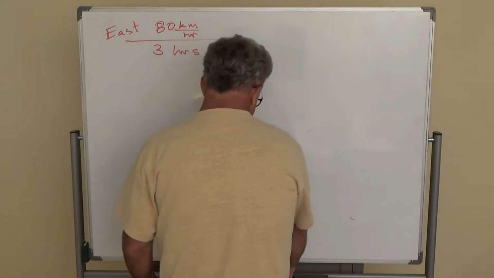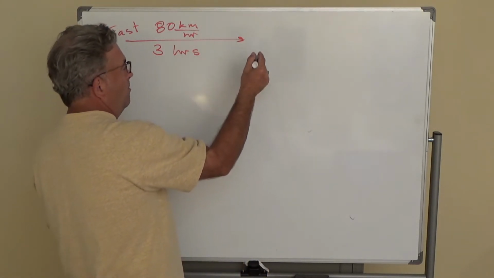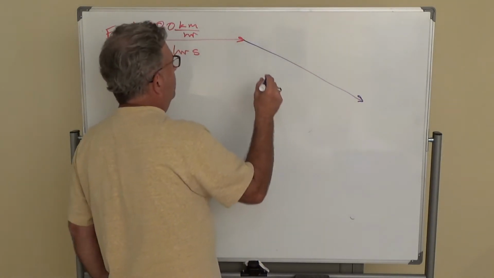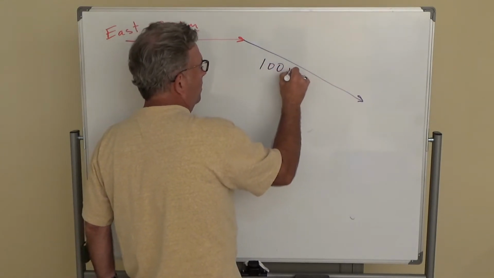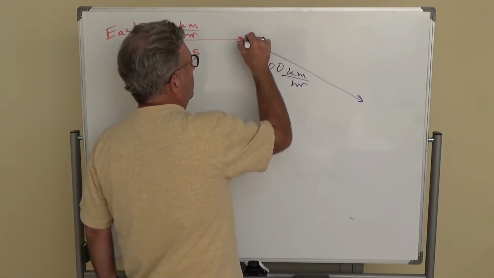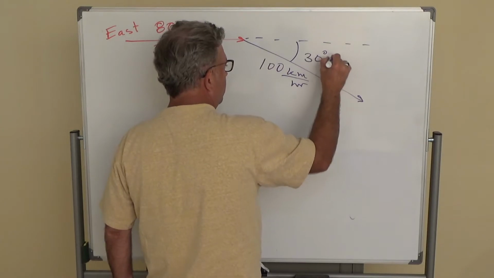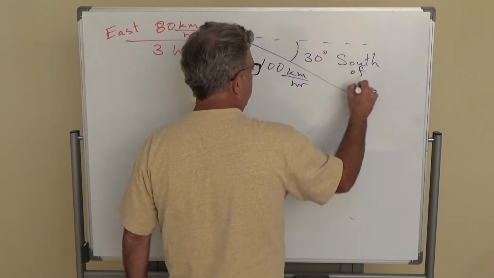The train takes a little turn. We're not going to worry about the radius here. And the train speeds up a little bit, goes 100 kilometers per hour at 30 degrees south of east.